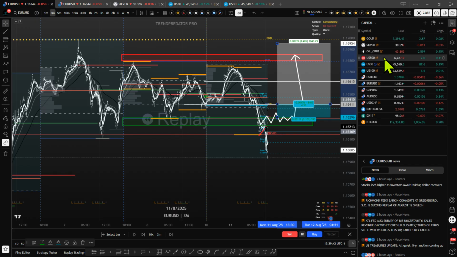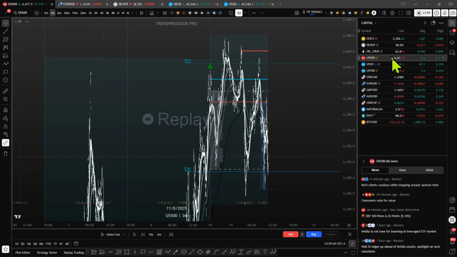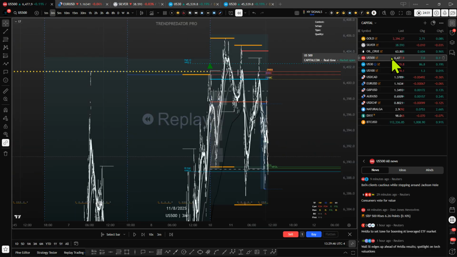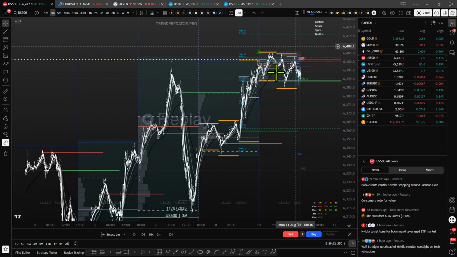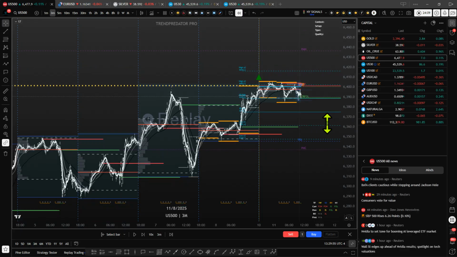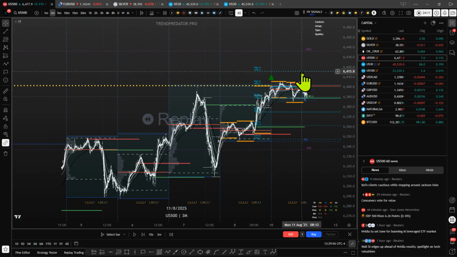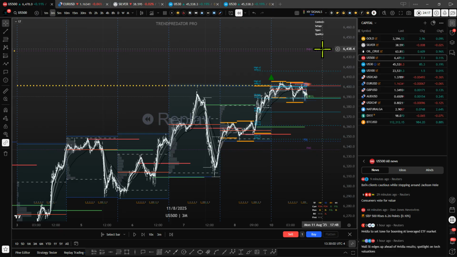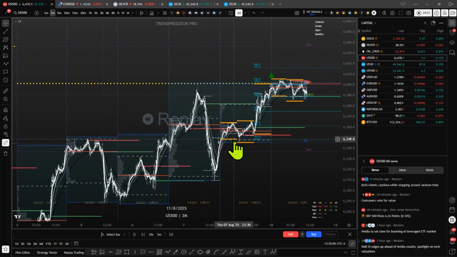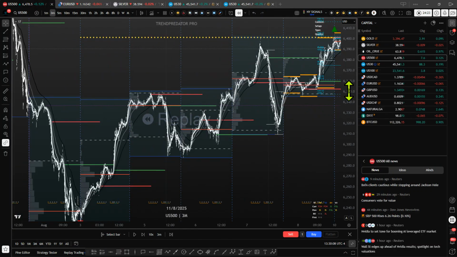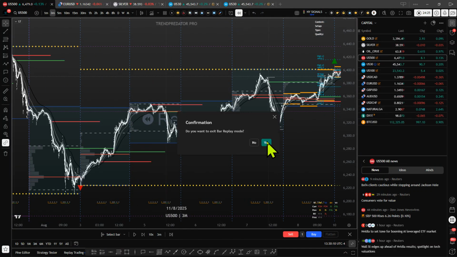Let's have a look at the US 500. Okay, so this is something I pointed out yesterday. We were in the wrong place in the chart.